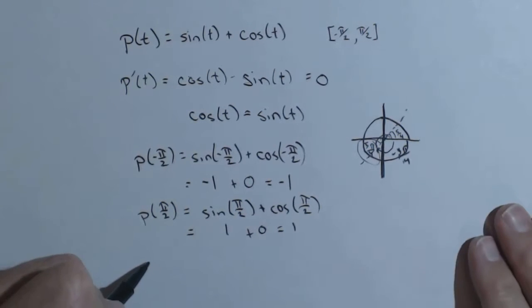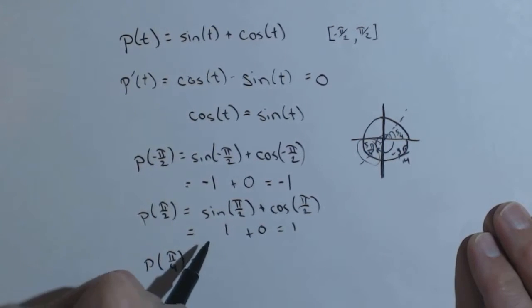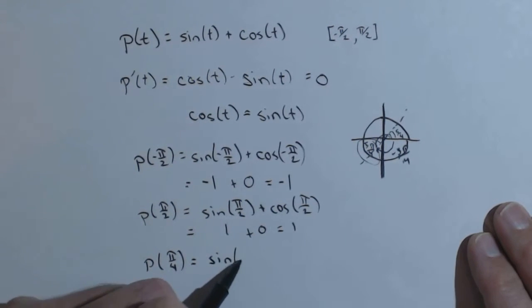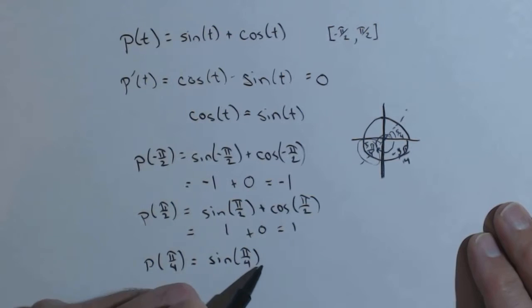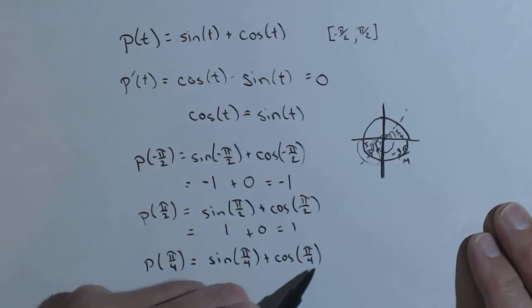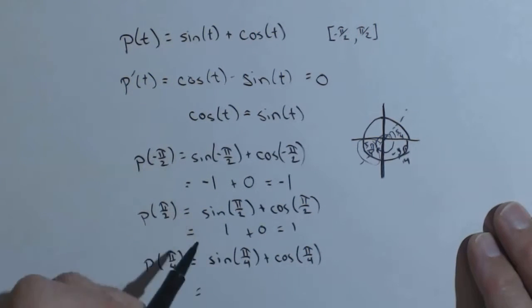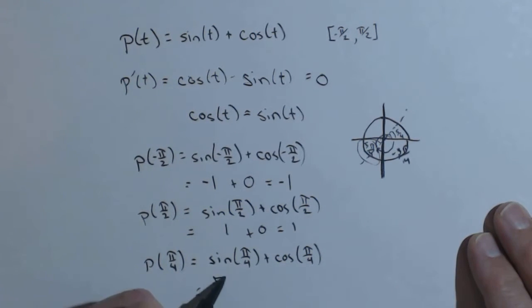Last thing we have to check is the only critical point that was in our interval, p of pi over 4. So that gives us sine of pi over 4 plus cosine of pi over 4. Again, we know these are the same values because that's how we found the critical point.